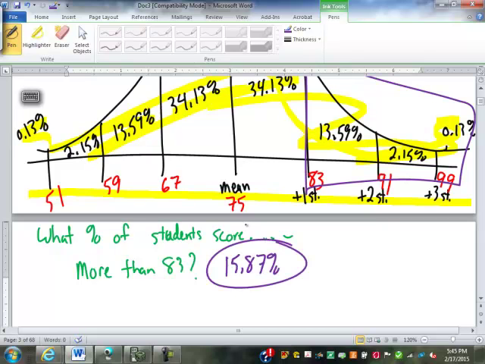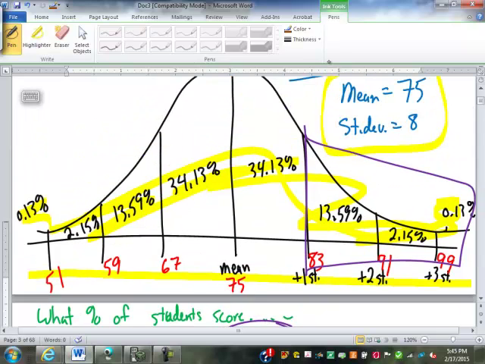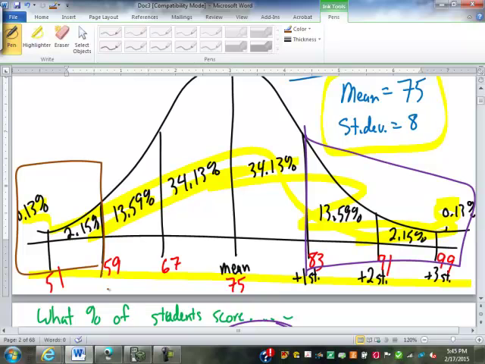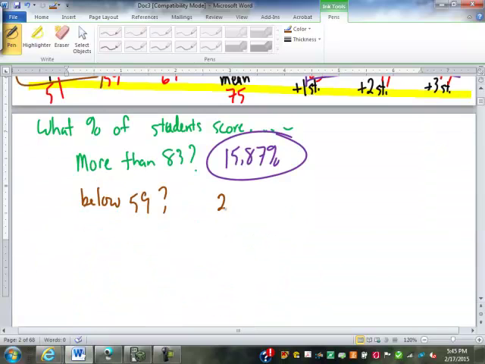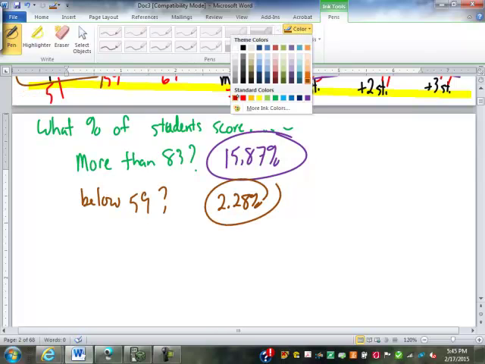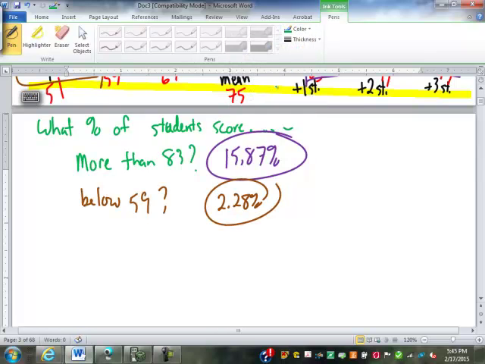So we'd expect 15.87% of students to score above an 83 on that test. Or let's say we want to know what percentage of students will score below 59 on the test. Well, here's 59 right here. Below that would be this direction. We add up those percents, that is 2.28%. So only 2.28% would be expected to score below 59.